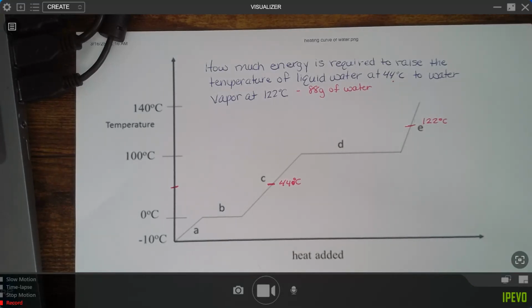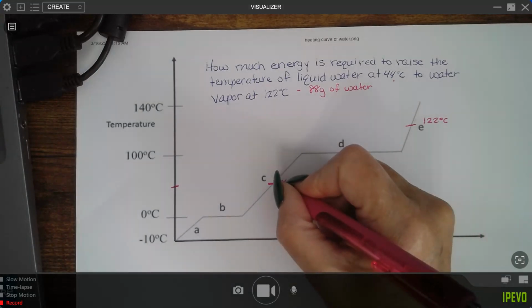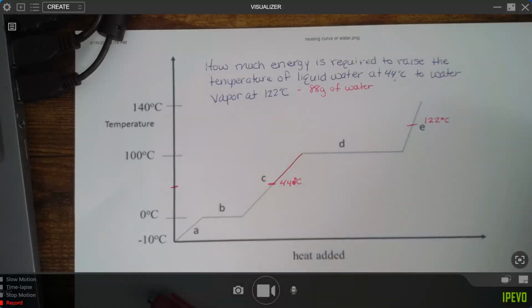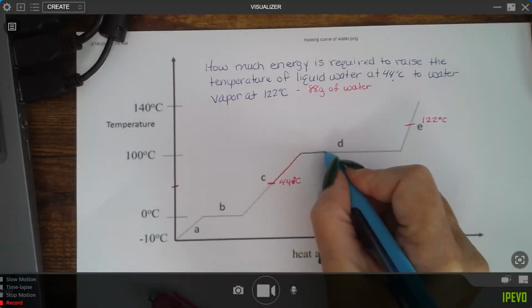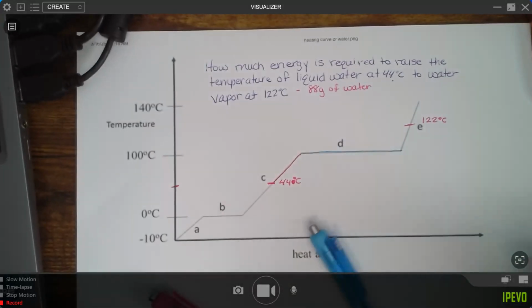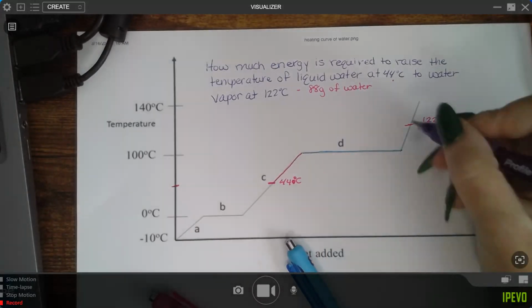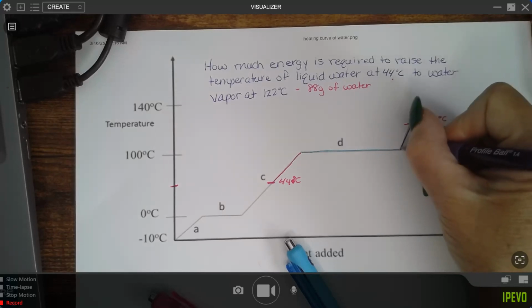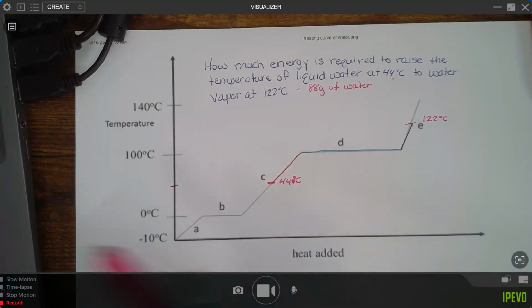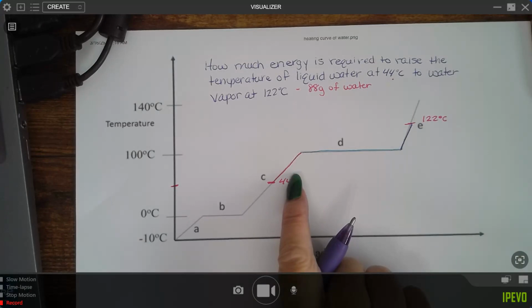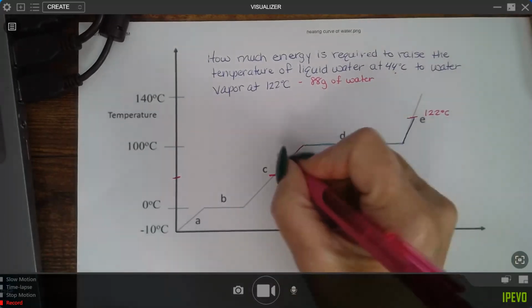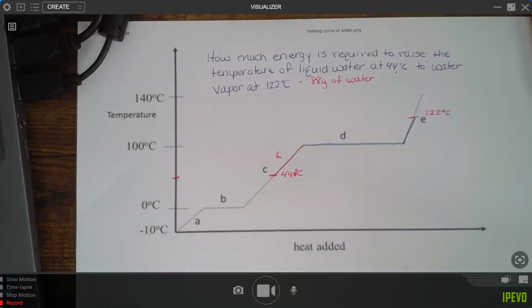So for this calculation, we only have to calculate 3 segments of the graph. It's important to look at where we're starting. We're starting where we have just liquid.